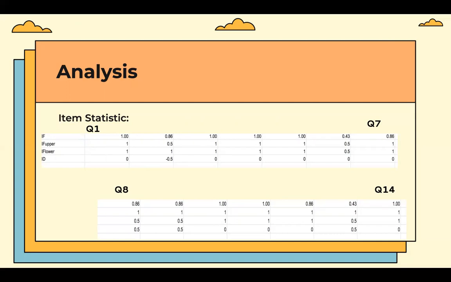So the items didn't do such a great job at discriminating between those who did know the answers and those who did not, because there wasn't a huge discrepancy in answers. Maybe if we had more people, it would have been easier to see who didn't know the answers and who did.